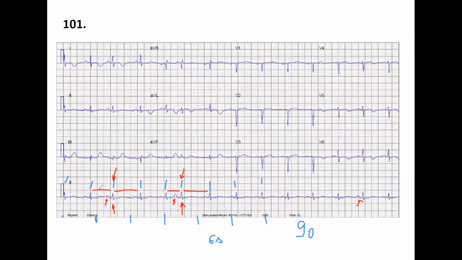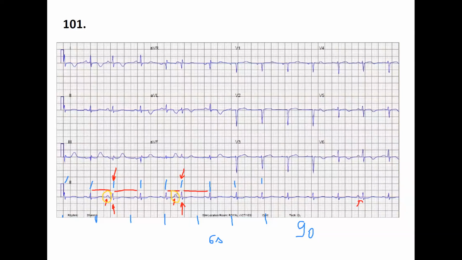Next, compare the shape of these P's. Compare this to this. The second one is a lot higher than the first one, so the shapes of the P's are not the same. What does it mean?